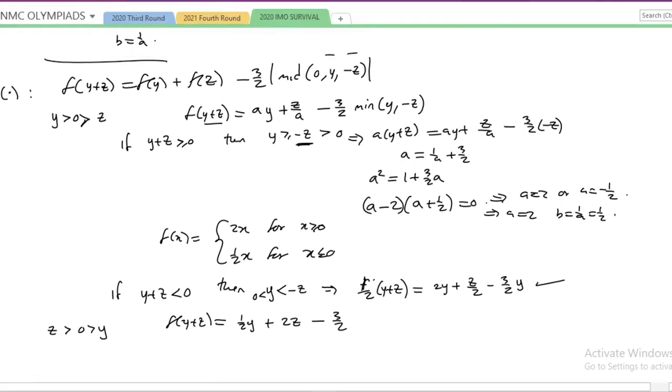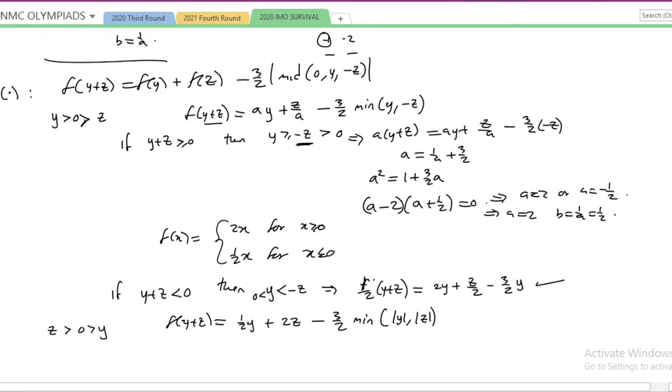This negative, this will also be negative. So what we want is the middle one, so we want the biggest of this. For example, if we have minus 1 and minus 2, then minus 1 will be the choice. So we want the biggest of this, but in terms of absolute value, that will be the smallest one. So we want this to be the minimum of the absolute value of y and of minus z, which is of z.